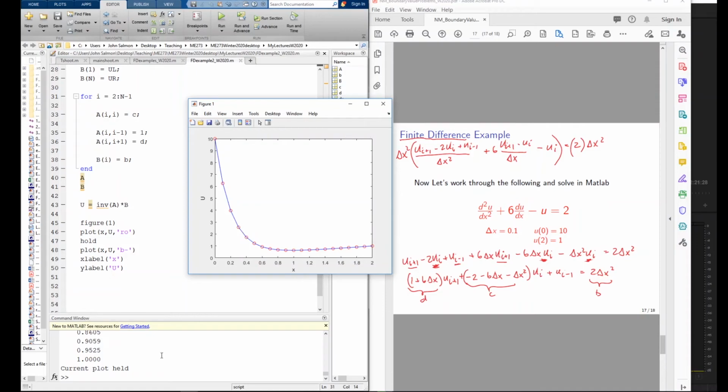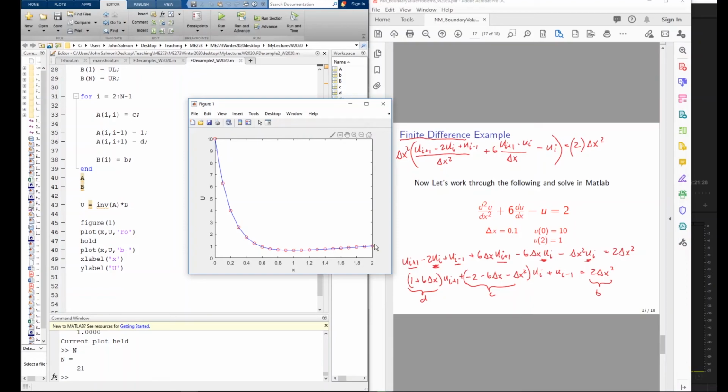We can take a look at the size of it if we want by typing in n. Yep, 21. Okay, and so there's actually 21 unknowns, except the first equation right here and the last equation are trivial, such that there really are 19 values that we wanted to solve for, but we can solve for, of course, the 20th and the 21st unknowns if we pop it into our first and our last rows of our matrix.